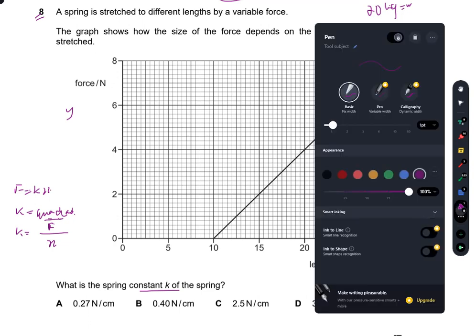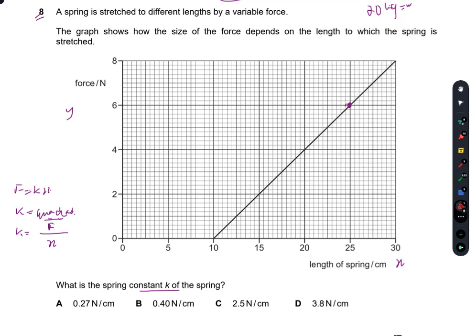I'm using a different color here. I take this point here. So at the extension of 25 centimeters, the force is 6 newtons, but the first 10 centimeters of extension is not caused by any force. So I will have to subtract the forces here.